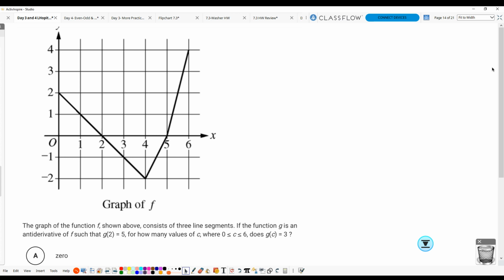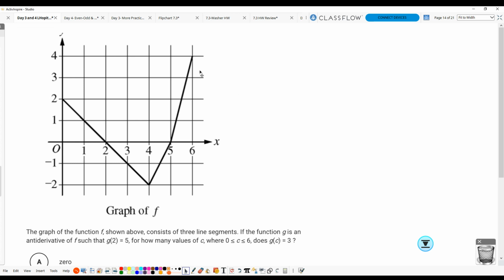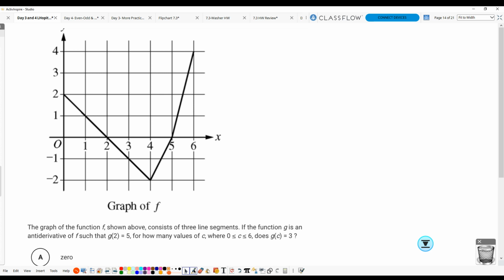So the idea of integration being the area under the curve, let's think about this graph as velocity. If it's velocity, where are the maximums in your position? Where do they occur? Kiana?